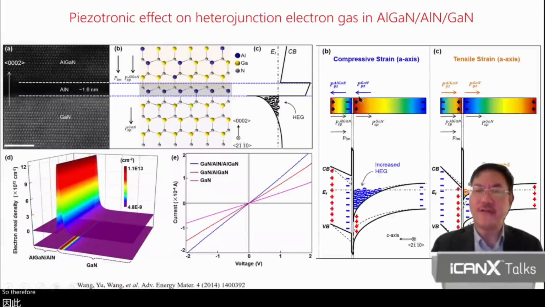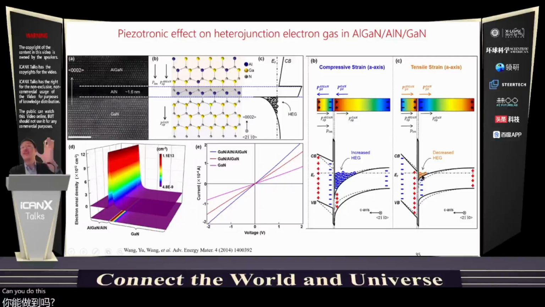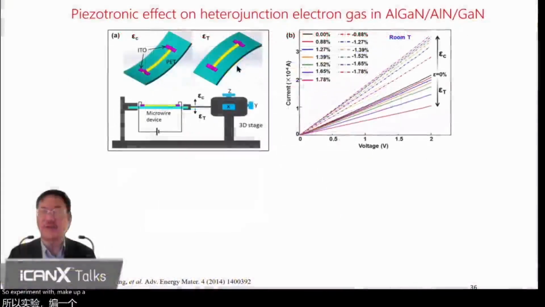So if I have a positive piezo charge here, the positive piezo charge lowers the band a little bit, so more free electrons are trapped at the interface here. We increase it. If you have a negative charge, which raises the band a little bit, fewer electrons are transported. Can you do this linearly? The answer is yes, we could do that. So experimentally, we make a device in which we can linearly control the strain.